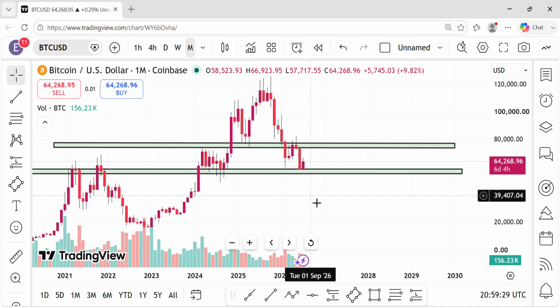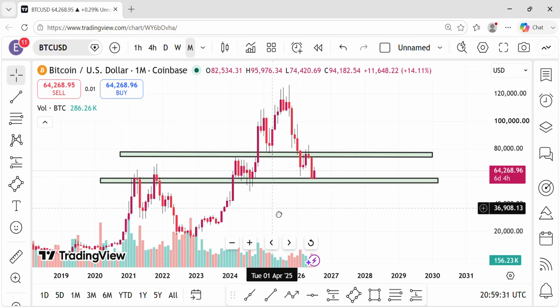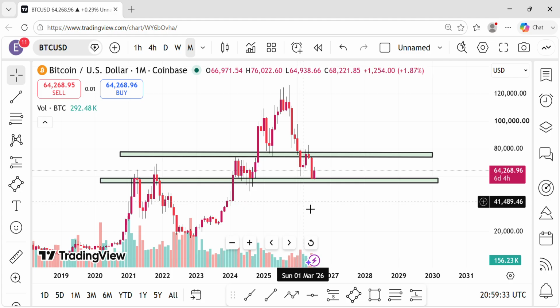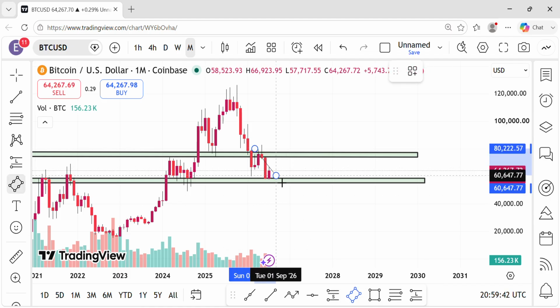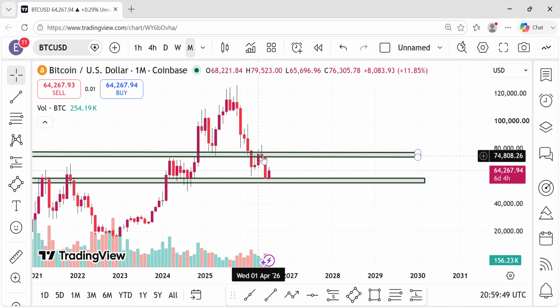But still, we are still in a downtrend, because from the monthly time frame, we can see that a whole of this doji, this pin bar looking like an inverse hammer.